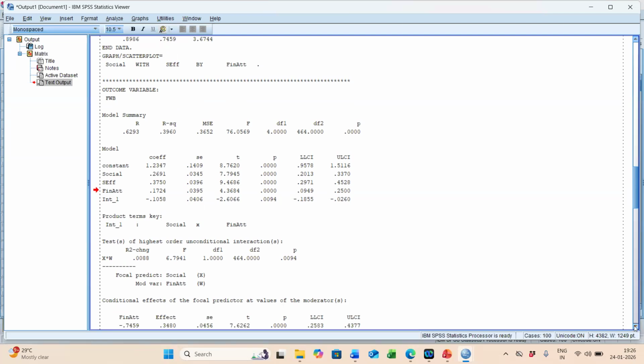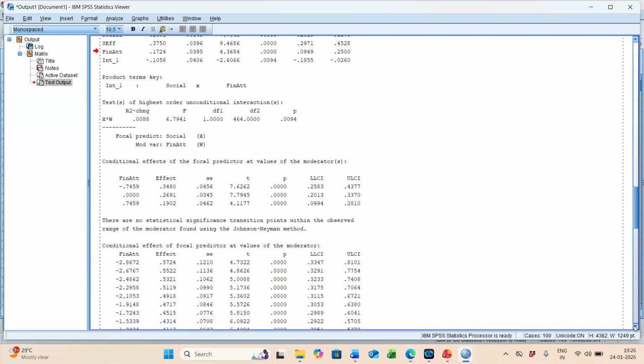Now we are checking the conditional effects of the focal predictor, financial attitude. This is the second case. You may remember the diagram: x bar minus one standard deviation, x bar, and then x bar plus one standard deviation.